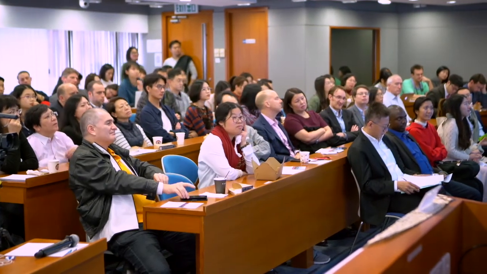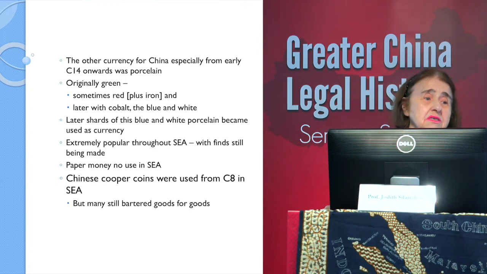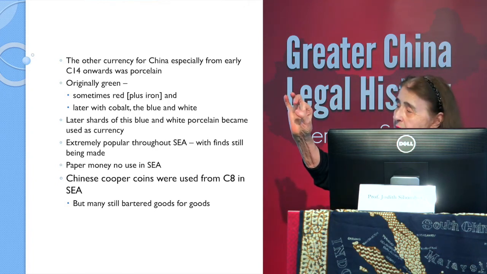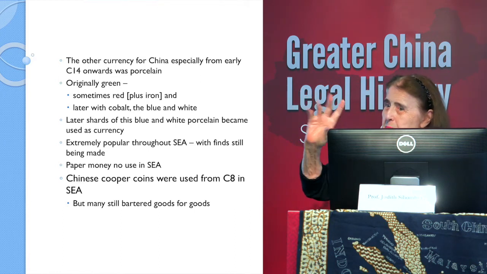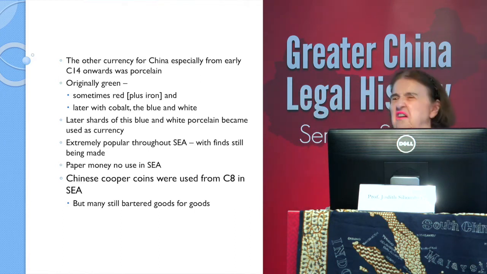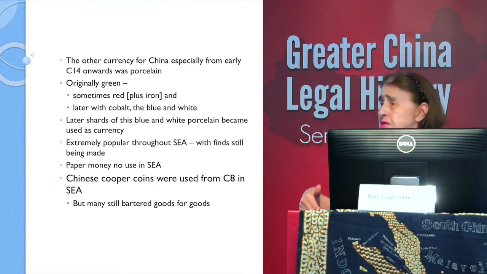The other currency, down south, porcelain. Large pieces became used as currency, same as one nutmeg was currency, a broken piece of blue and white. Very popular down south. And Chinese copper coins were used down south.